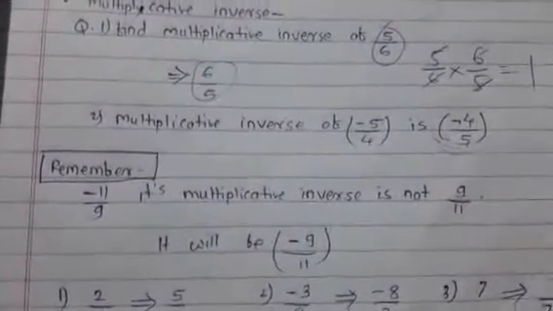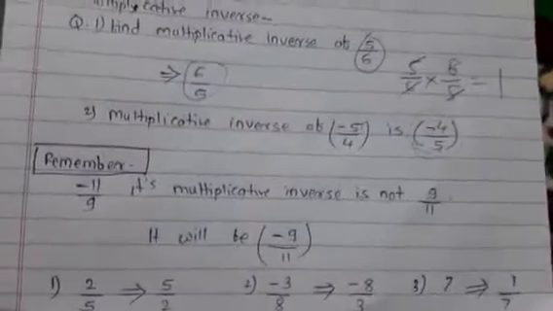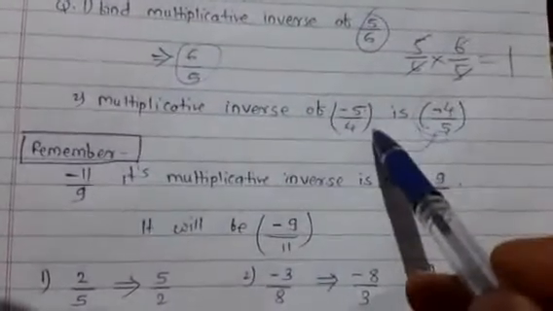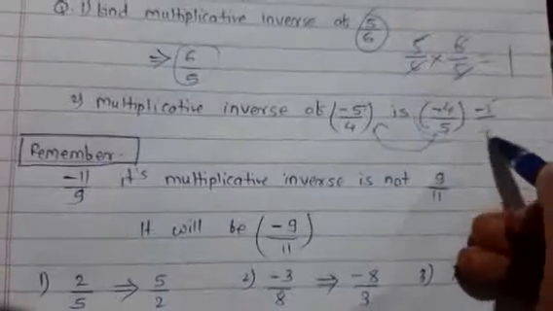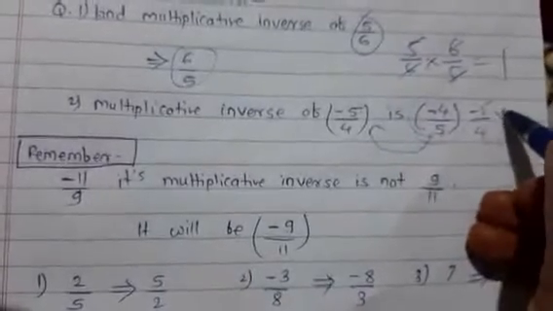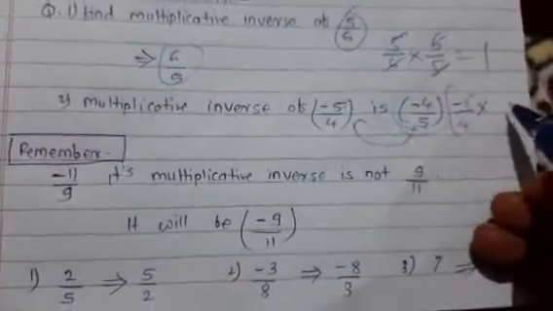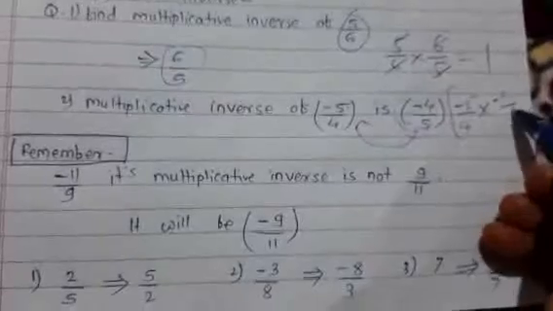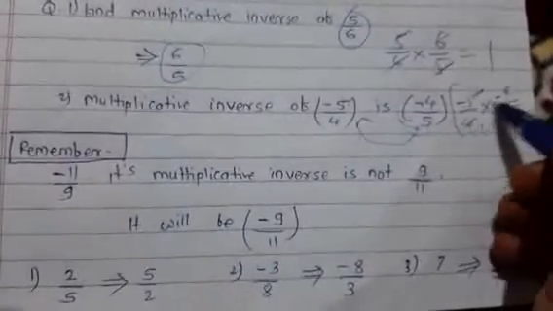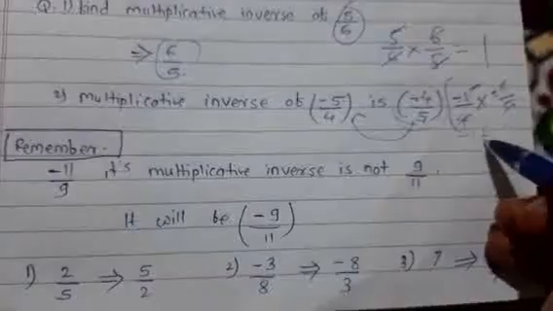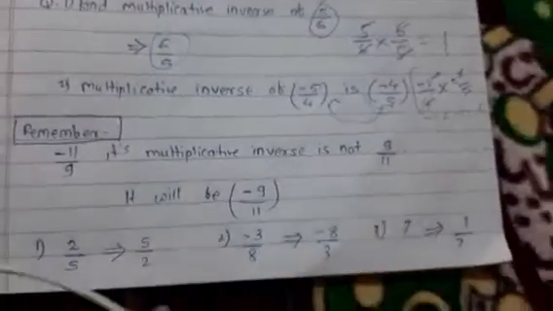It is the multiplicative inverse of minus 5 divided by 4. We can cross check by this. Minus 5 divided by 4 into minus 4 divided by 5. This gets cancelled. 1 into minus 1 is 1. So our answer is correct.